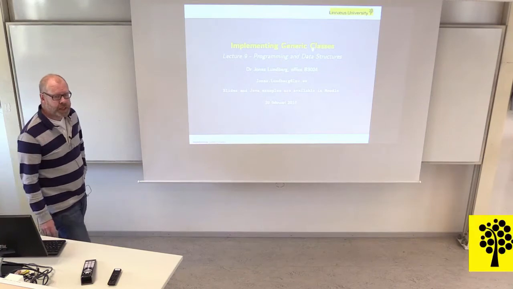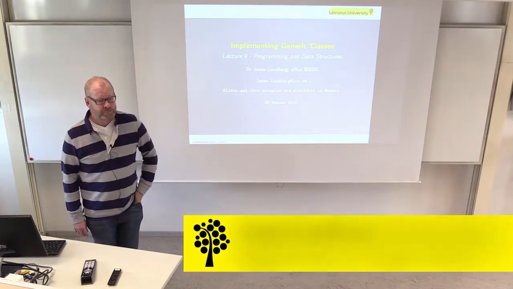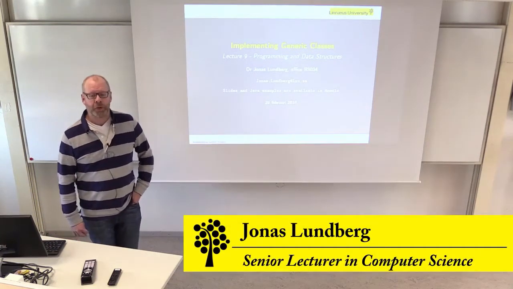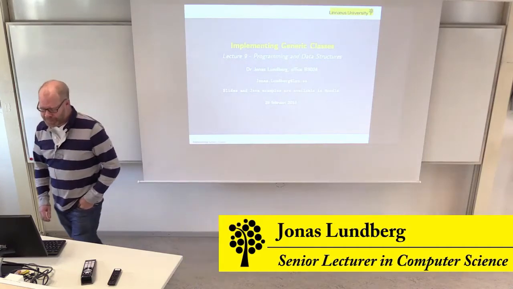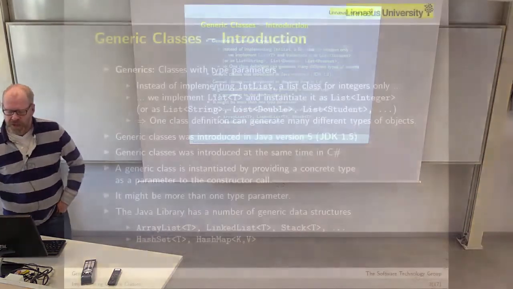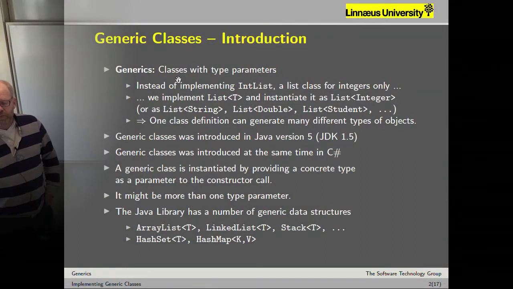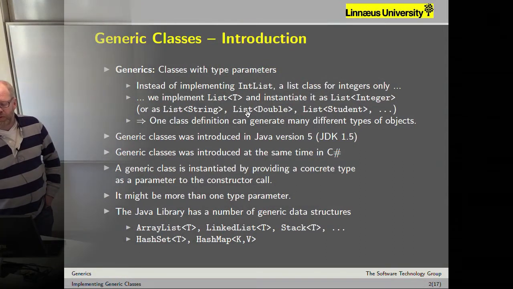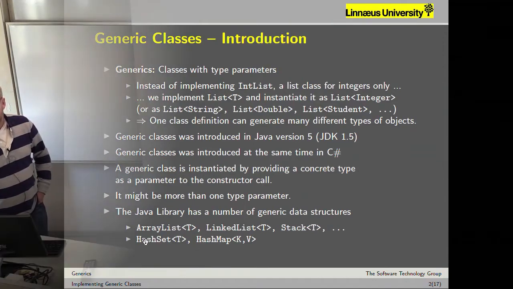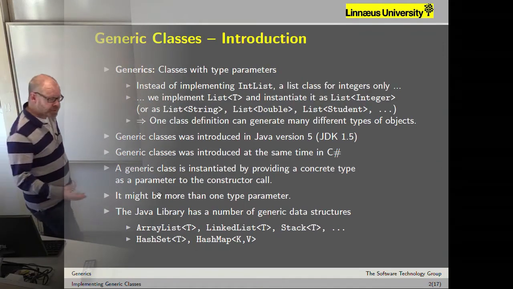Do you know what we mean by a generic class? Kind of a class. Well, you have used them, but you have not implemented them yet. Classes with type parameters. You have used, for example, ArrayList and HashSet.